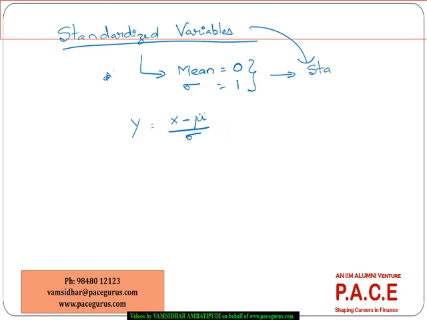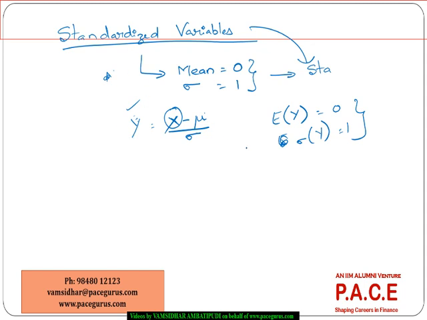So for x, if I subtract the mean and divide by the standard deviation to get y, the expected value of y is 0 and the standard deviation of y is 1. That is what we call the standardized variable. So x is standardized in this case, or simply I call y a standard random variable.